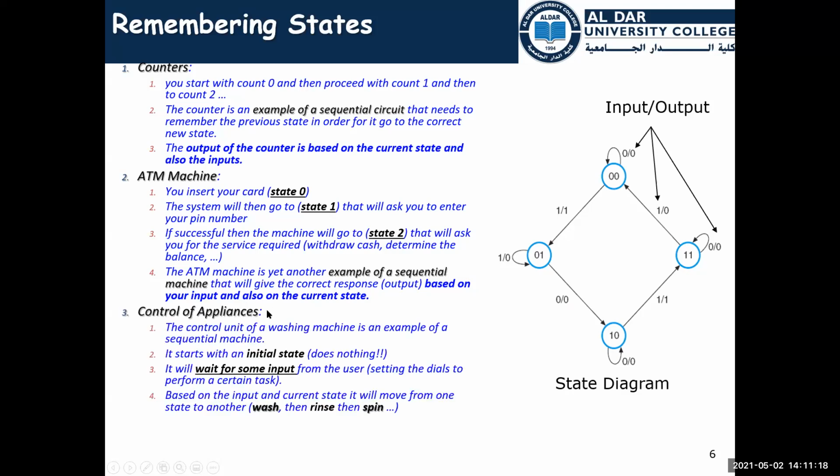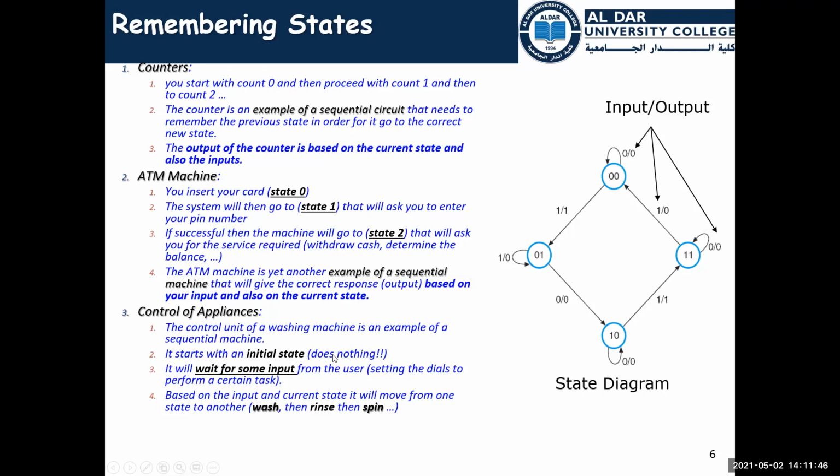Also, the control of appliances is another example of the sequential circuit. So, for example, if we have a washing machine, the washing machine is an example of a sequential circuit because we have an initial state, and we wait for an input from the user, for example, the setting dials to perform a certain task.